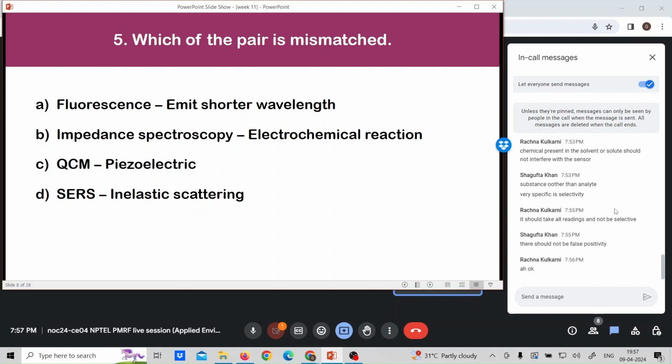Especially if you are working in biology or biotechnology, you can look up specificity, sensitivity, selectivity, and all of these play a major role in sensor development. And in any experiment, you can check accuracy, precision, and the differences between them.